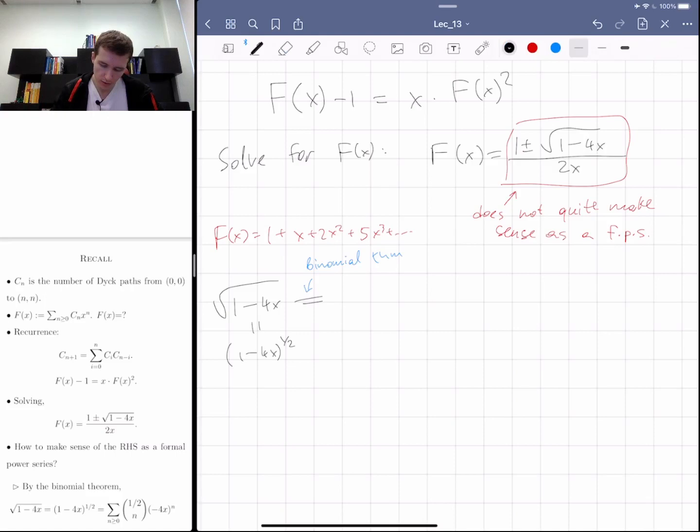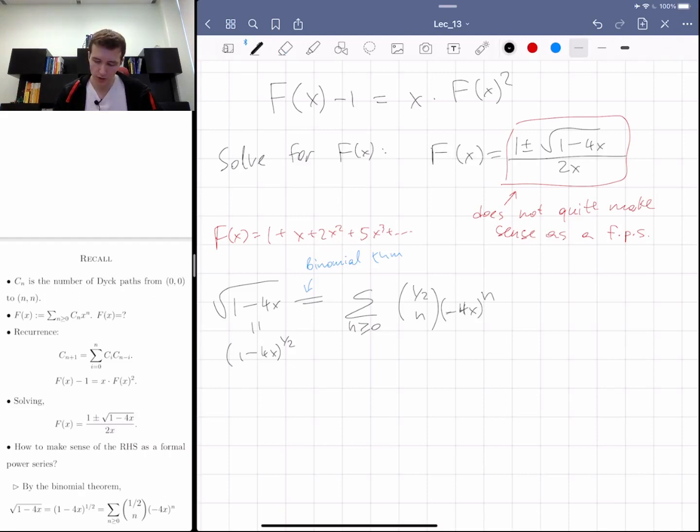So it's the sum, as a formal power series, just by definition, of 1/2 choose n, with 1/2 being the power, times negative 4x to the n, by the binomial theorem.